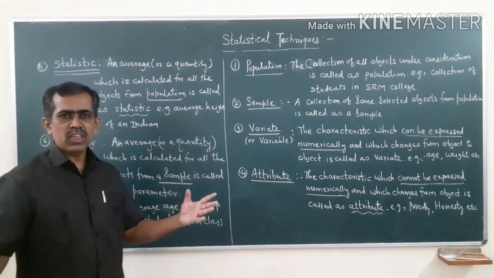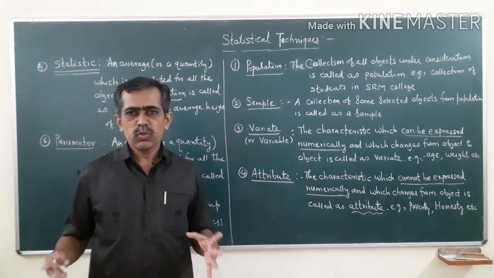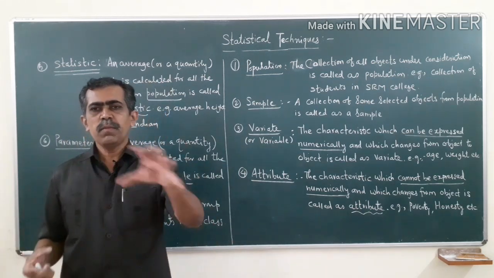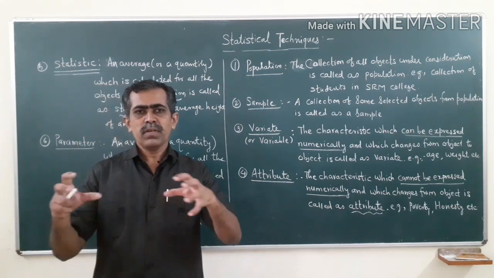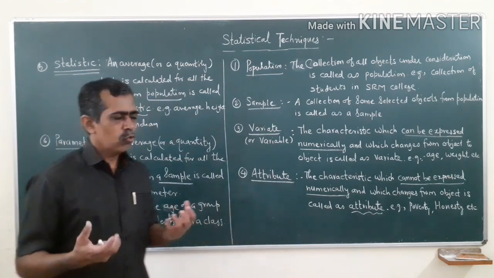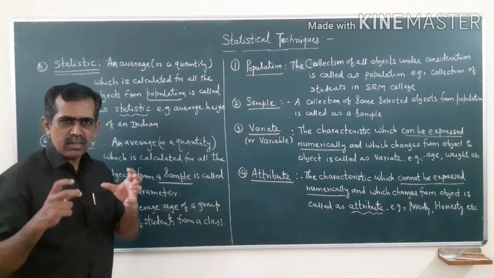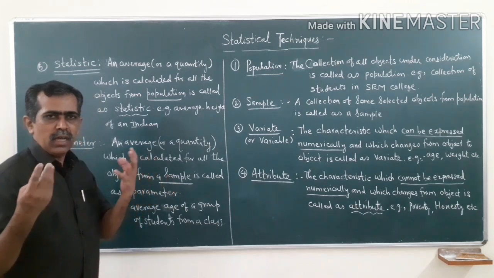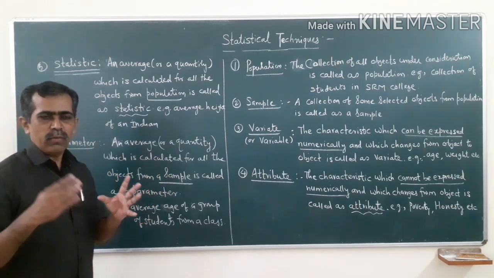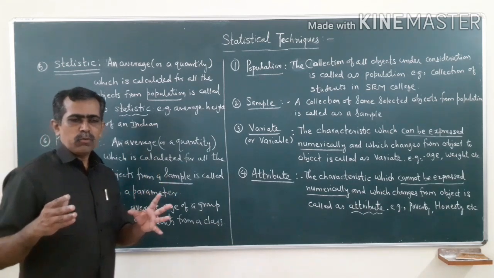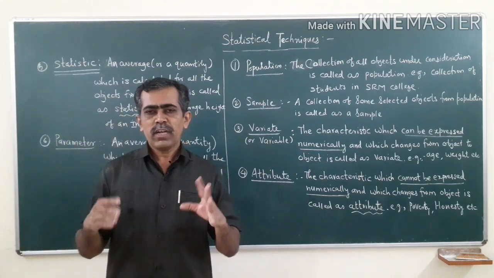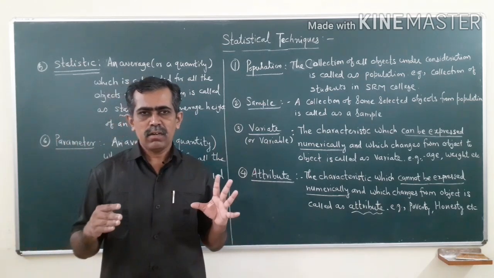Parameter means which goes on changing, because if I have a class of students, then I may select different samples of students, and for each selected group I may calculate the average. Suppose I want to calculate the average marks of students from 100 students.